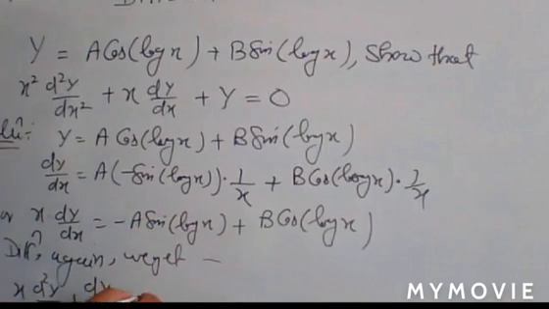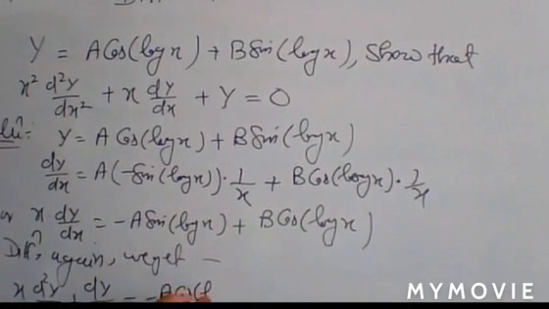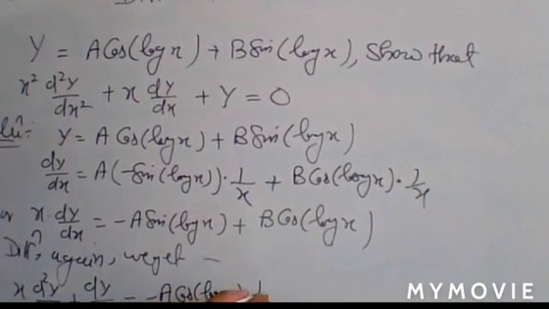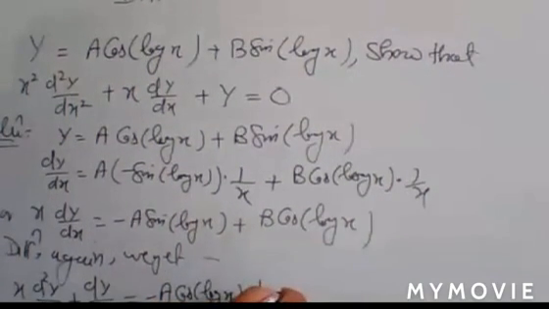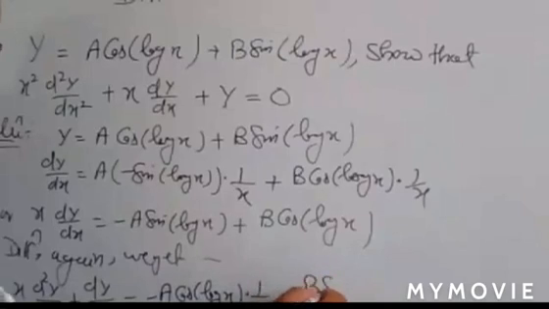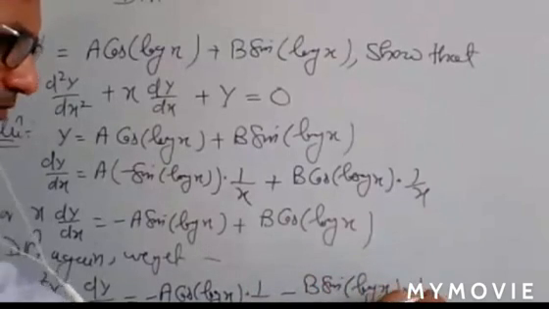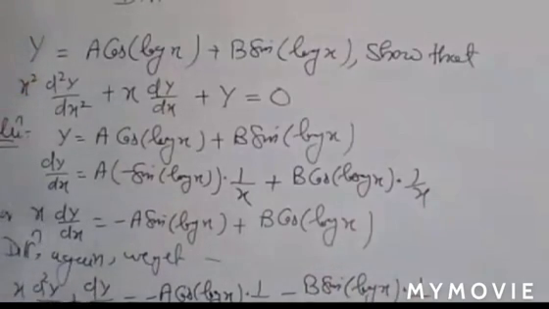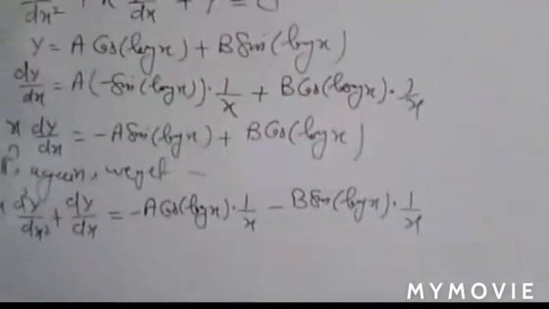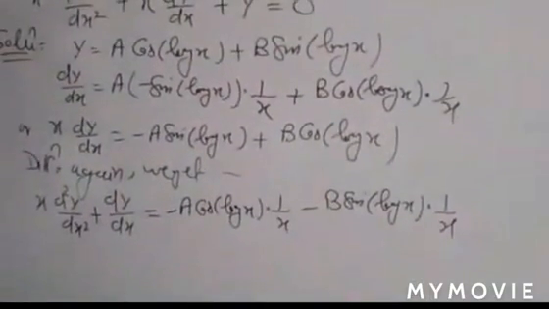And differentiating here, you have minus a cos of log x into 1 upon x, and here you have minus b sin of log x into 1 upon x. Understand? You have the result like that.